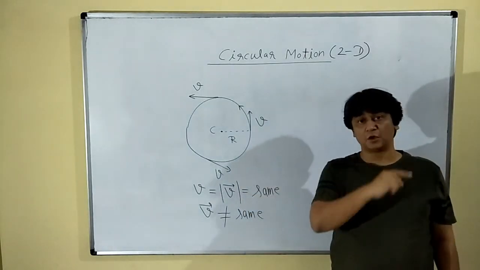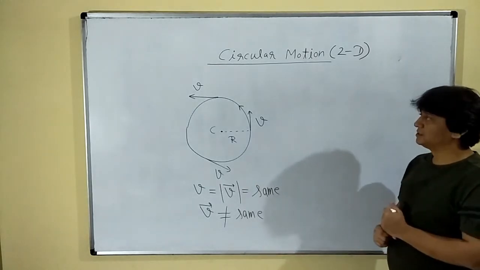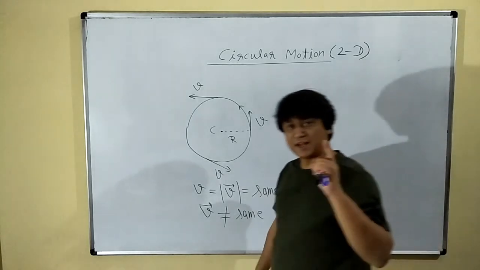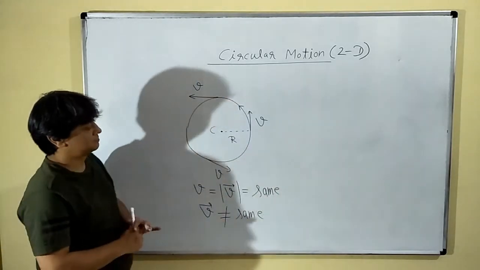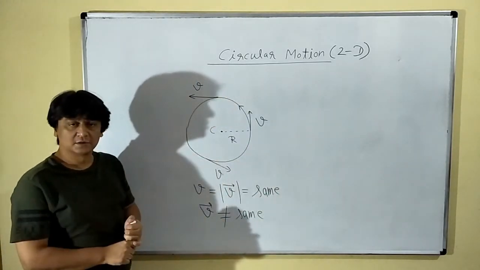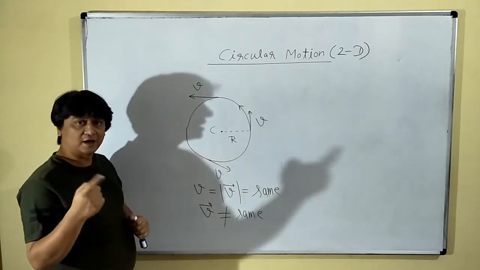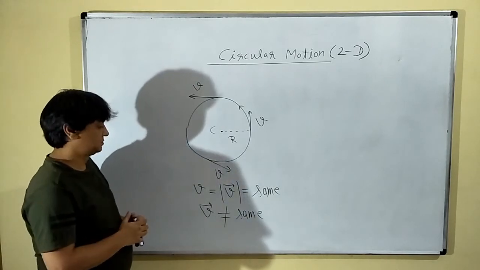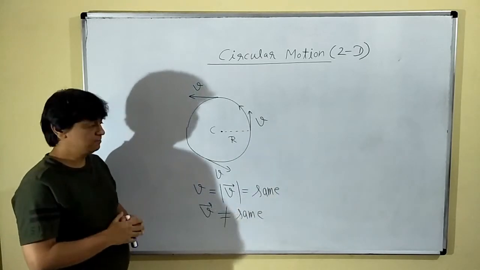In fact, you can write this as a statement. Write down the statement: in circular motion, velocity can never be uniform, as its direction continuously changes. The direction of the moving object continuously changes.